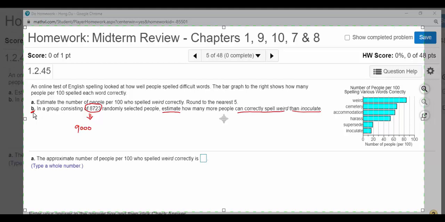And we already calculated 70% more people can spell weird than inoculate. So we multiply the 70% by the 9,000, and that will give us 6,300. So roughly 6,300 more people can spell weird than inoculate in this group.